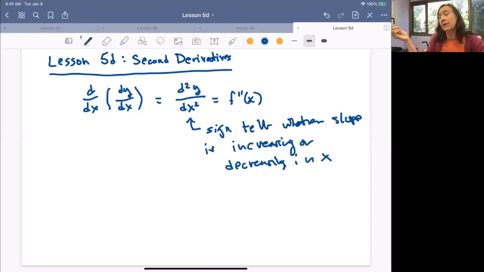So the second derivative often tells us why we are even using a nonlinear function here. What's wrong with a linear function? A linear function has a second derivative of 0. Let's think about that. A linear function has a constant slope. The derivative of a constant is 0, so the second derivative is 0. So if we don't like the simplicity of linear functions, the reason why is probably going to be represented by the sign of the second derivative.